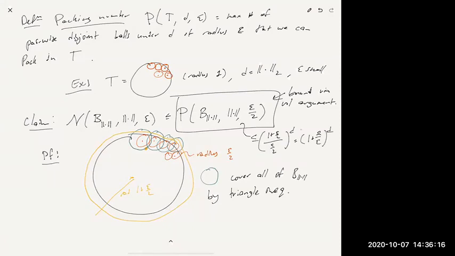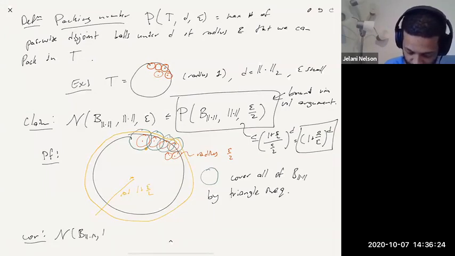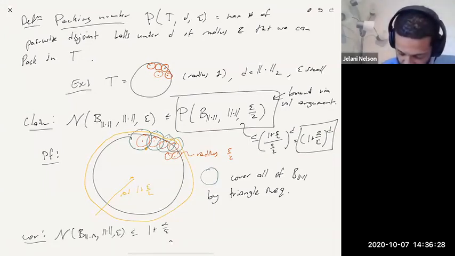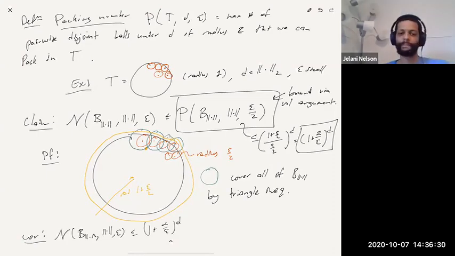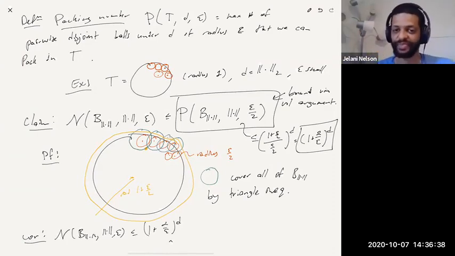So the corollary is that this covering number, this entropy number, is always at most (1 plus 2 over epsilon) to the dimension. So we're going to use that fact. Okay, good. Now you know enough preliminaries that we can actually do the lower bound. Questions about any of this?